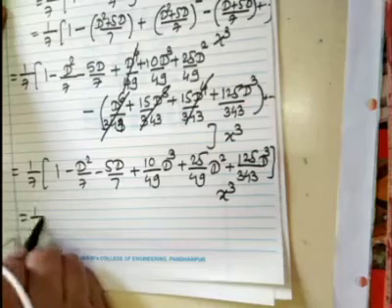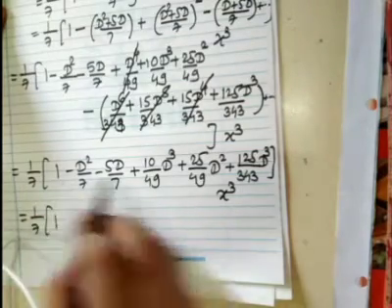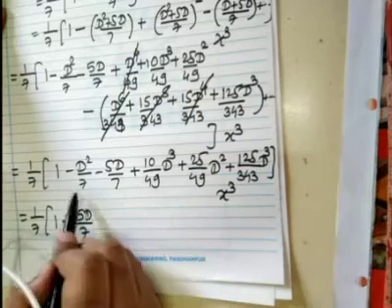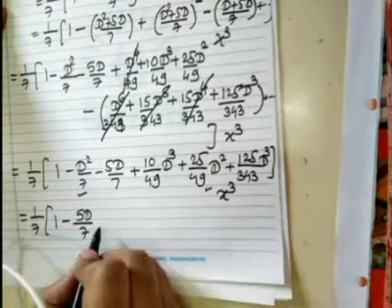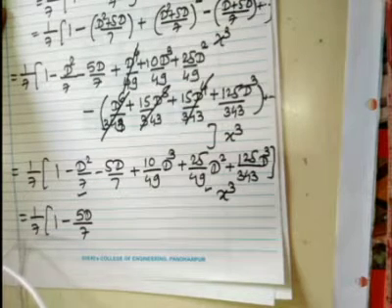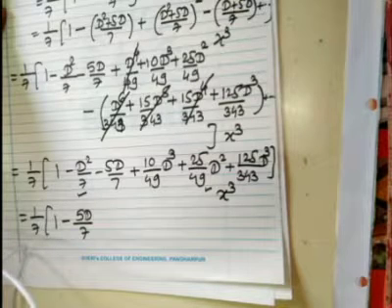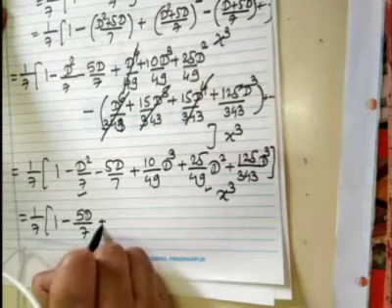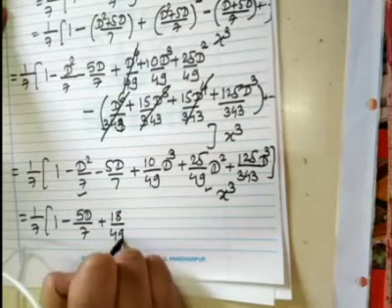That is 1 by 7, 1, d is only 1, so we will write 5d by 7, d square is here and d square is here. Add them: 25 by 49 minus 1 by 7 is equal to 18 by 49 d square.